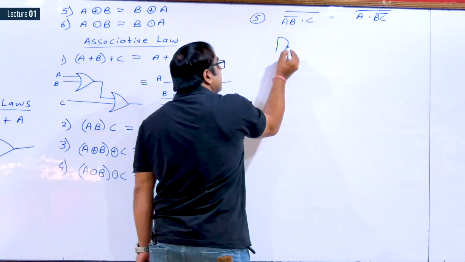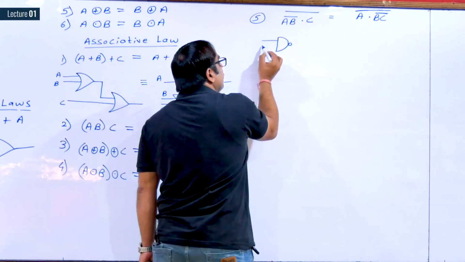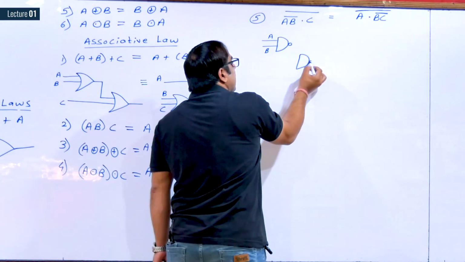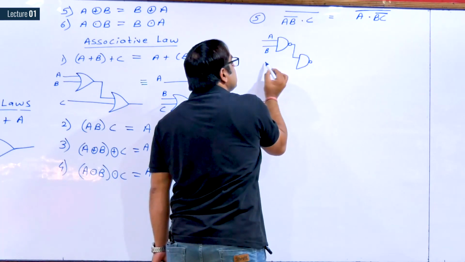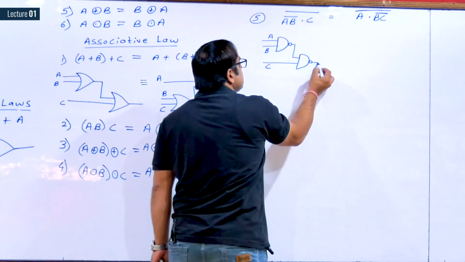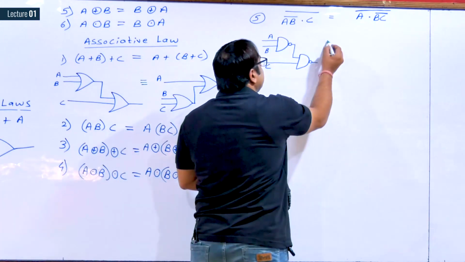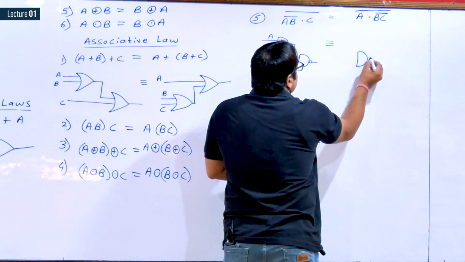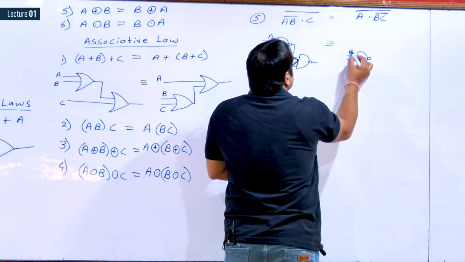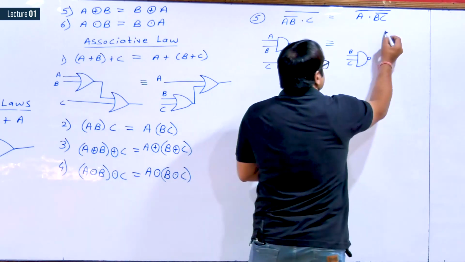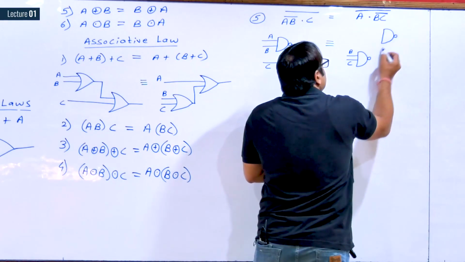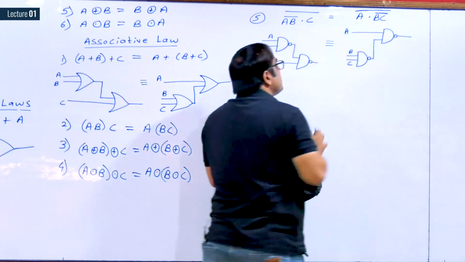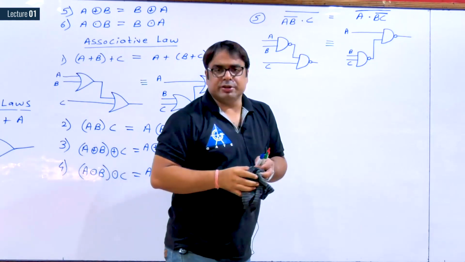First solve A and B NAND gate, and then solve the output with C. It should be equivalent to solving B and C first, and then solving the output of B and C with A. So this is the meaning with respect to the circuit and with respect to the expression.